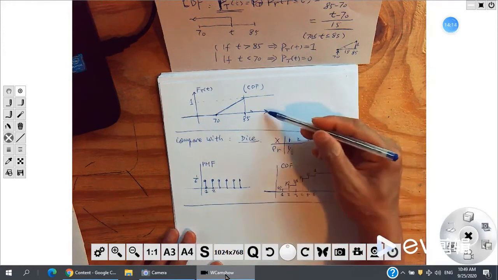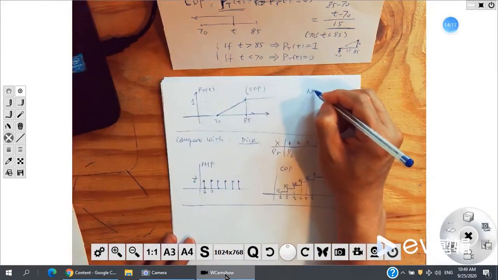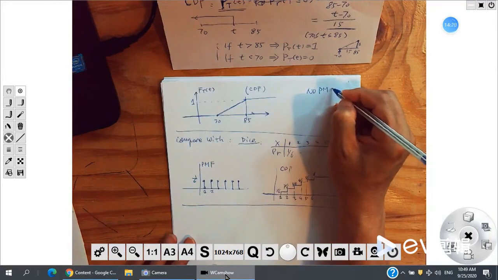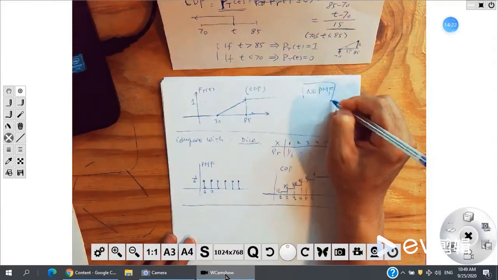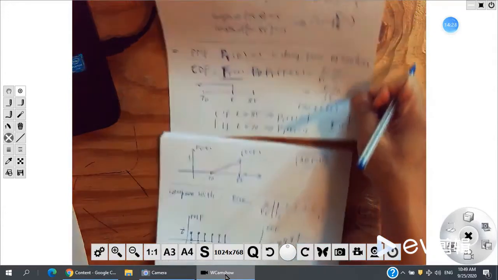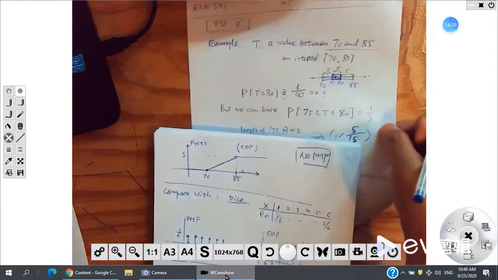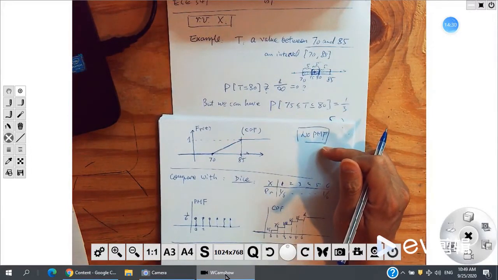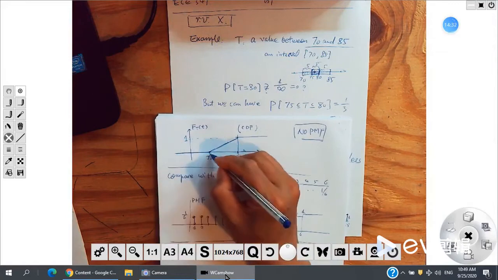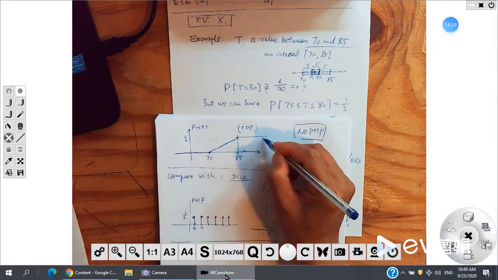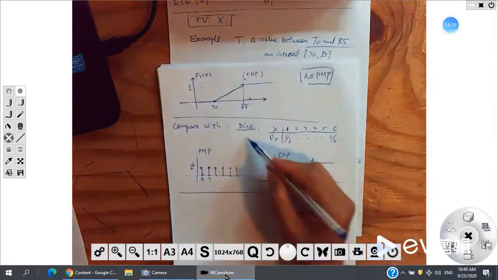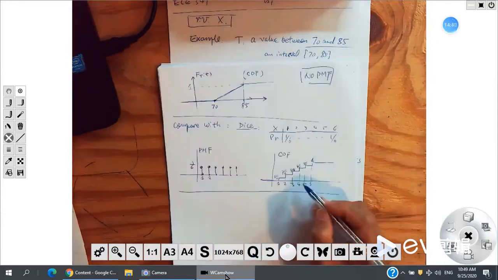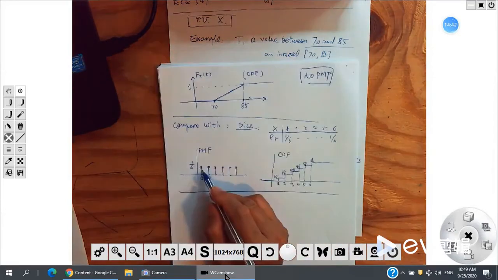We compare these two. For our example here, there is no PMF, but we have a CDF. It is like a ramp coming up. In the dice model, we have both PMF and CDF.